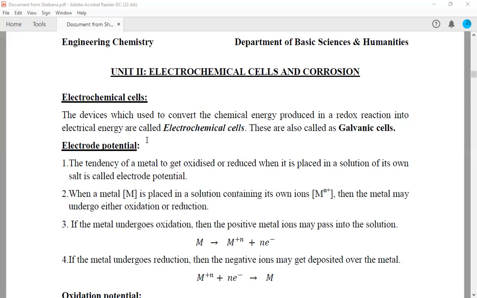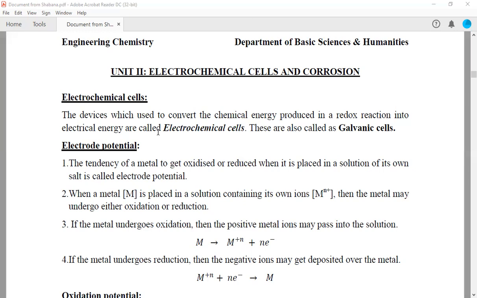Coming to the major differences between the electrochemical cell and the electrolytic cell: in the electrochemical cell, the anode is the negative electrode and the cathode is the positive electrode. Whereas in the electrolytic cell, the anode is the positive electrode and the cathode is the negative electrode, which we will learn in more depth later in the lesson.